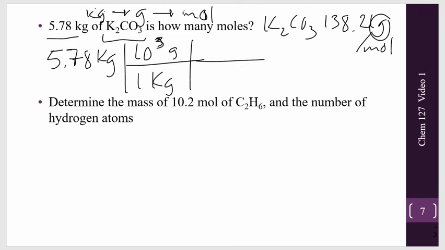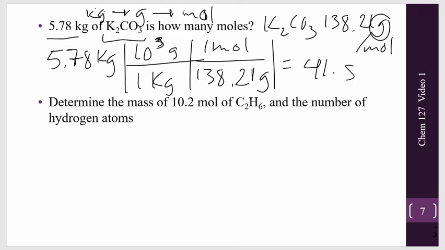And now we can use our grams per mole to then determine the number of moles. We want 3 sig figs for this particular problem. So we have 41.8 moles K2CO3 total.